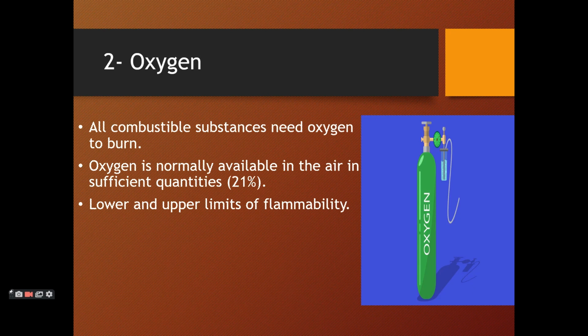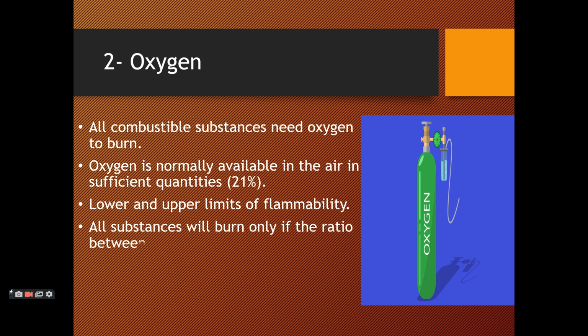But highly flammable materials like LPG gas, diesel and petrol don't need time; within a second they will burn. All substances will burn only if the ratio between air and vapor lies between the limits. If there are no limits met, there won't be any fire. There should be the right ratio between the air and the vapor. Only then will they burn.